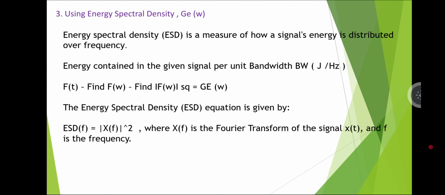So again, just see the relation here, how we can represent the energy spectral density. X(f) is the Fourier transform of the signal and f is the frequency.